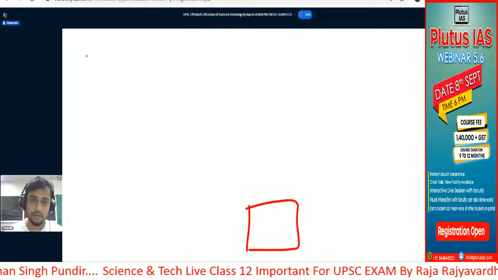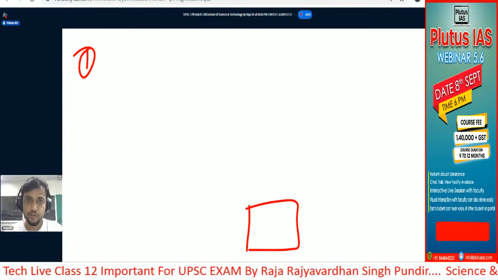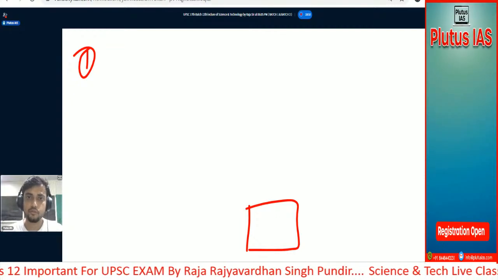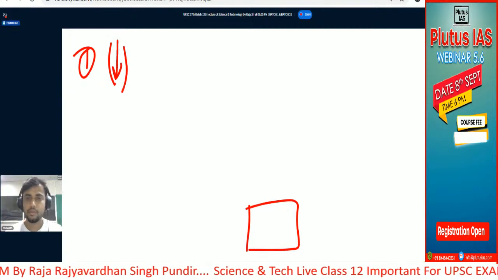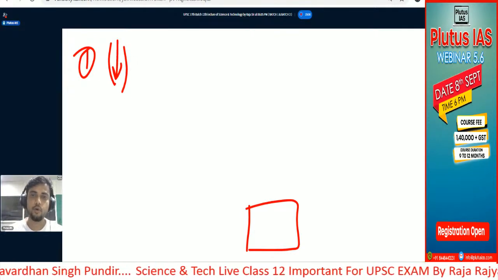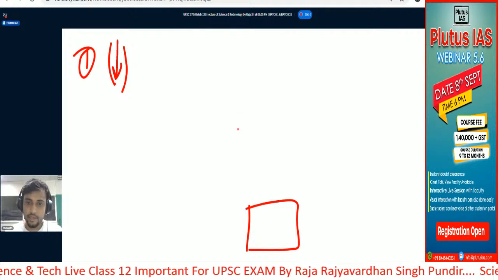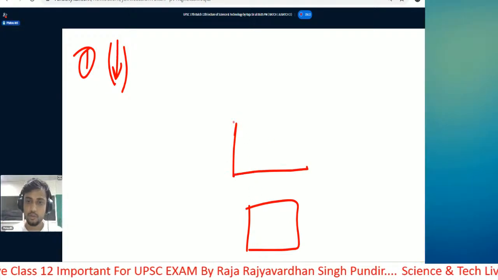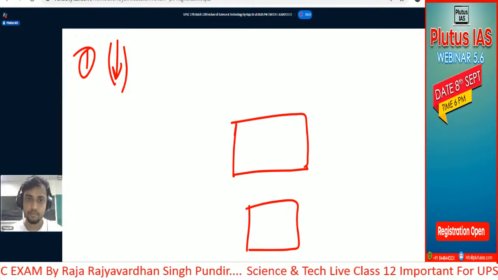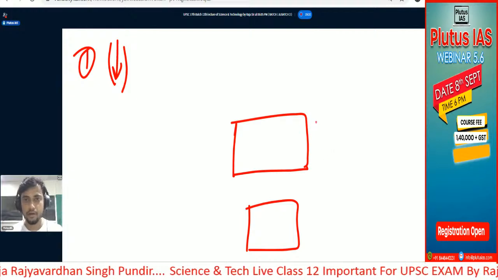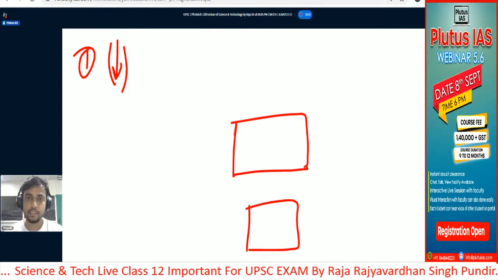Now please note one thing, the atmospheric pressure decreases as we go higher up in the atmosphere. So when this air column rises, because pressure is less, it expands. The air column expands because in the upper reaches of the atmosphere, the atmospheric pressure is low.